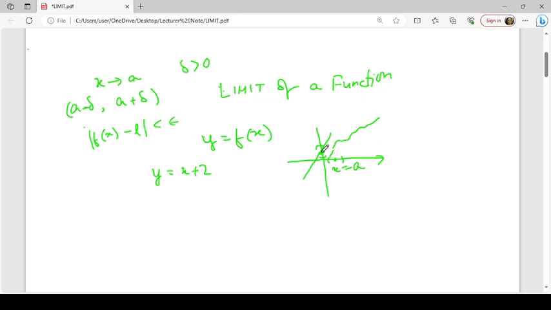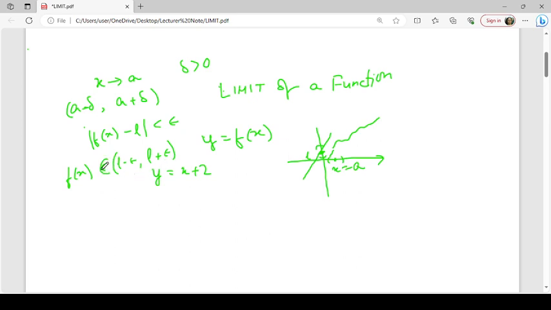If we say this point is L, then for this neighborhood we can say this is L plus epsilon and this is L minus epsilon. So f(x) belongs to the interval (L minus epsilon, L plus epsilon).